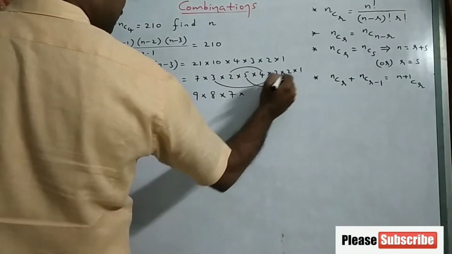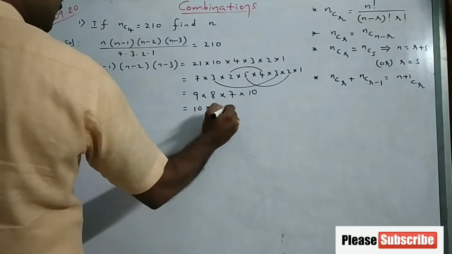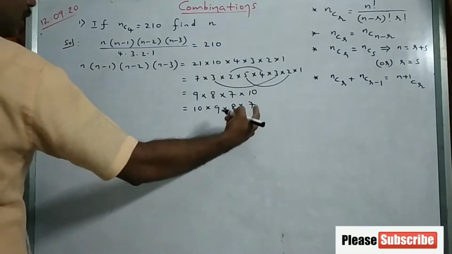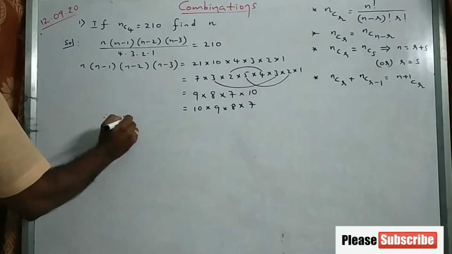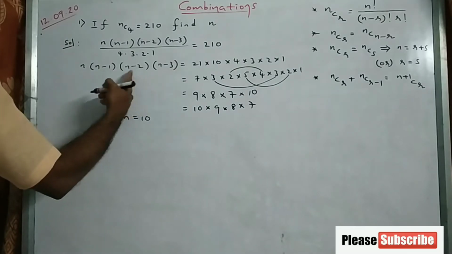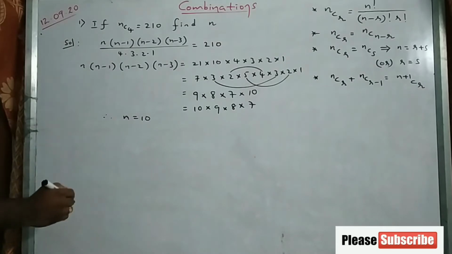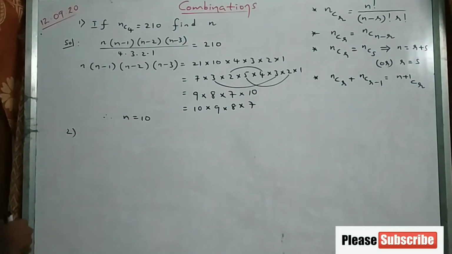Next one, 5 and 2, 5 2s are 10. So I will write 10 into 9 into 8 into 7, a product of 4 consecutive numbers. So in the place of n, we can take 10: 10 into 10 minus 1 is 9, 10 minus 2 is 8, 10 minus 3 is 7. So the value of n is 10.